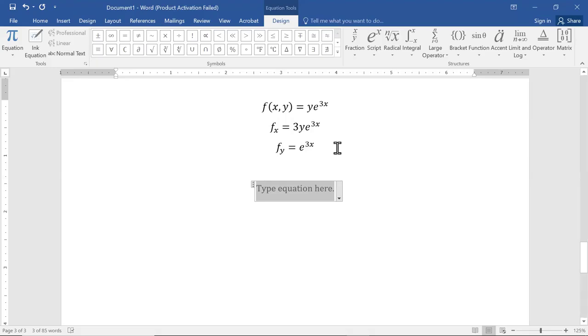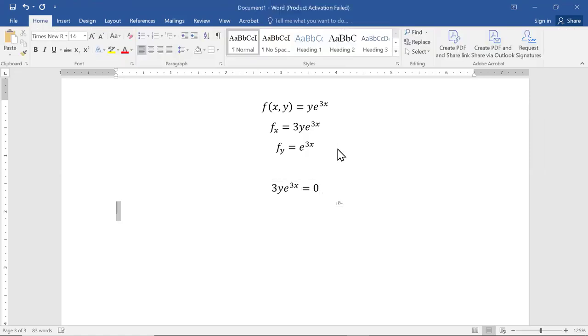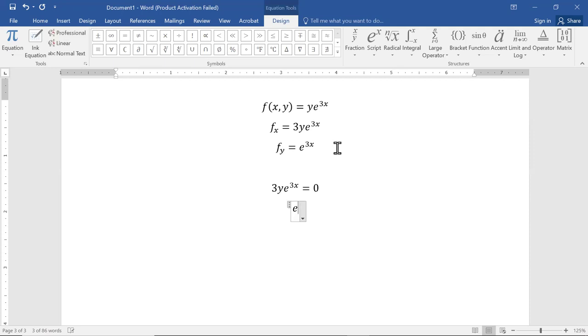So I set those two things equal to 0, and then solve these two equations. And I ask myself, what values of x and what values of y can I plug in so that both of these equations are 0?